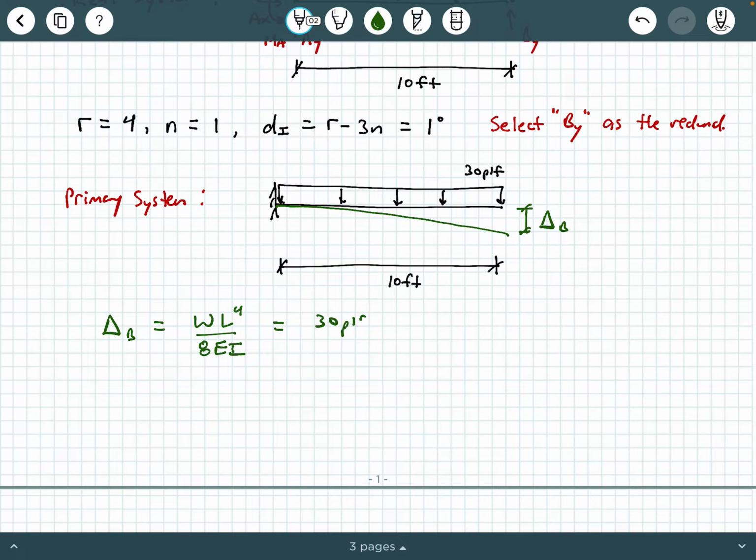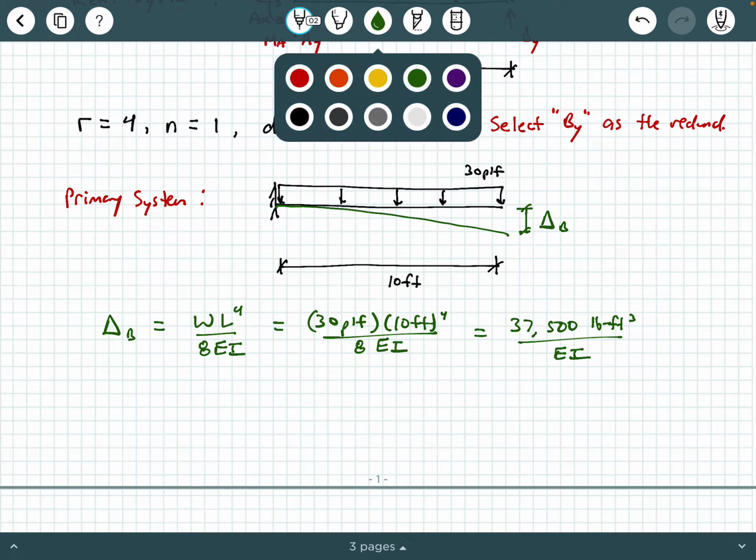That's going to be 30 PLF times 10 feet to the 4th power over 8 EI. If you punch this into your calculator, you get 37,500 pound-feet cubed, all divided by EI. So the EI stays there for now. You have to continue to include the EI in that denominator.